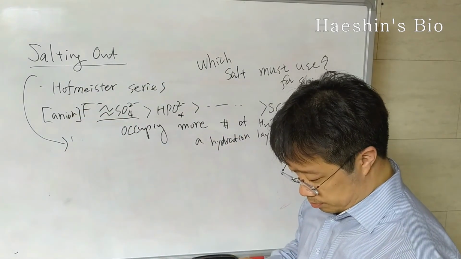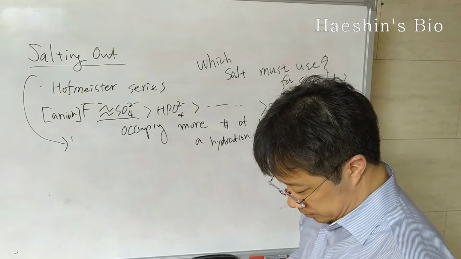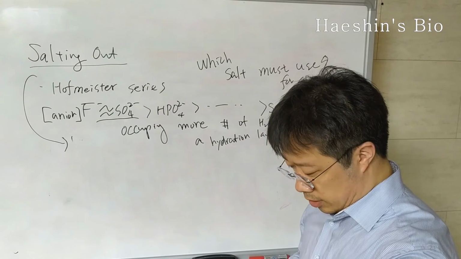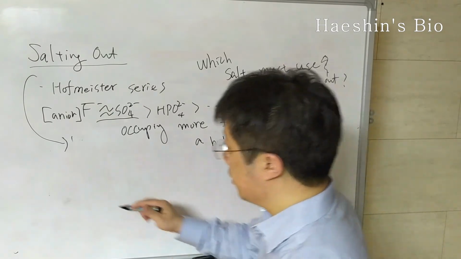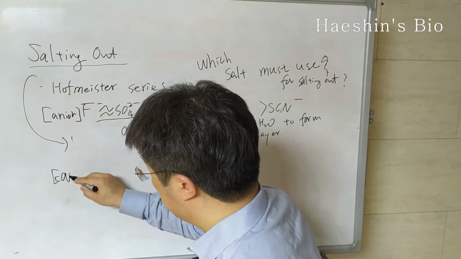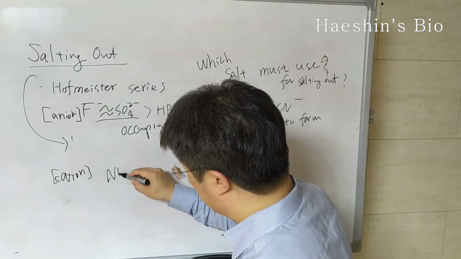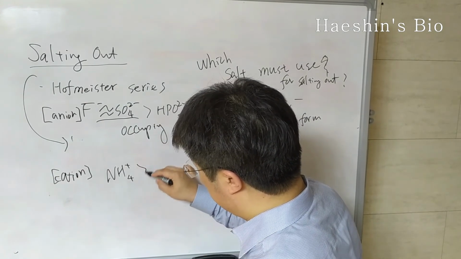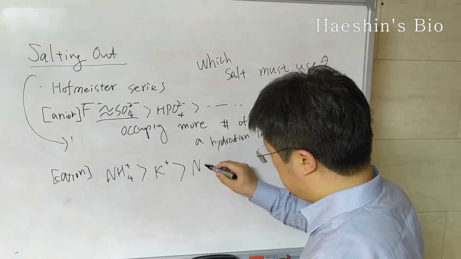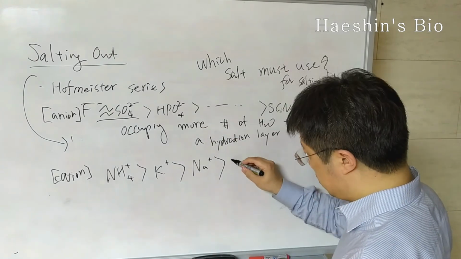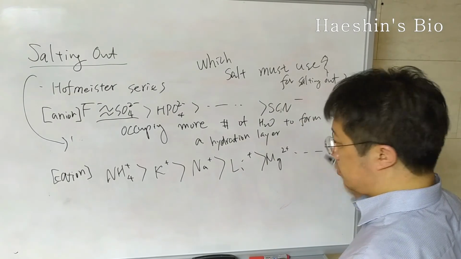So there is also the positive ion series that I will mention. This positive ion series has cations. For cations, the strongest one is NH4+ and K+, and then sodium Na+, lithium Li+, something like this.